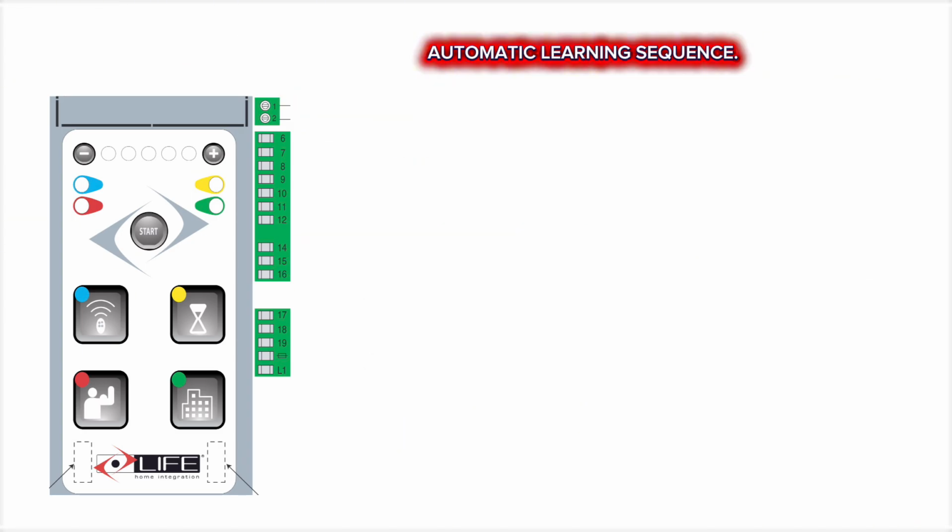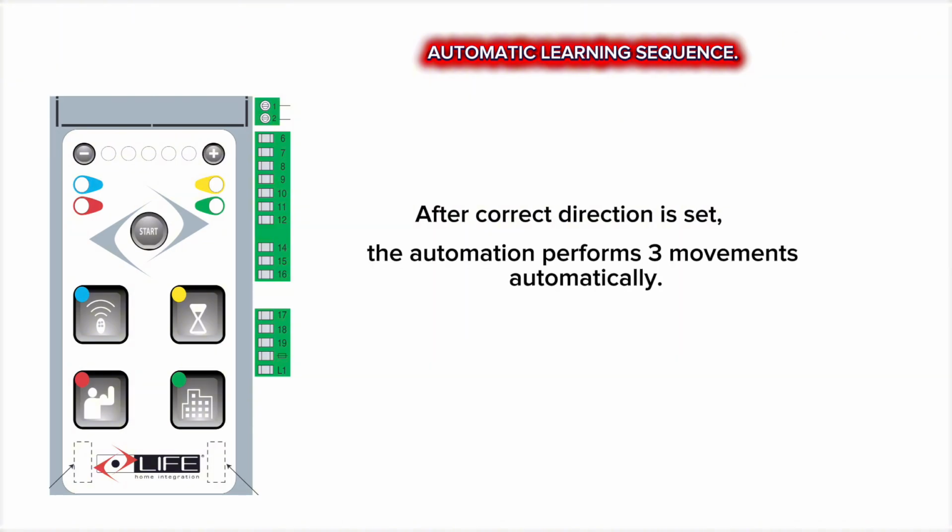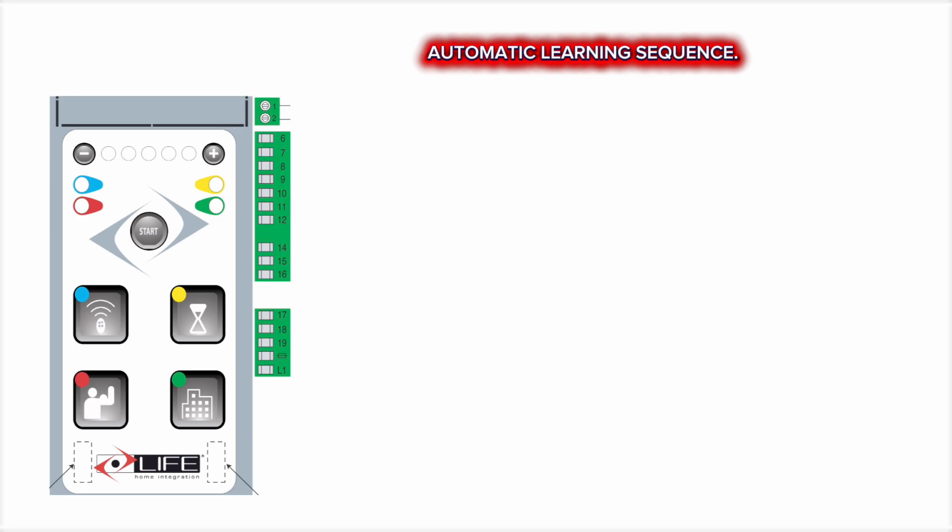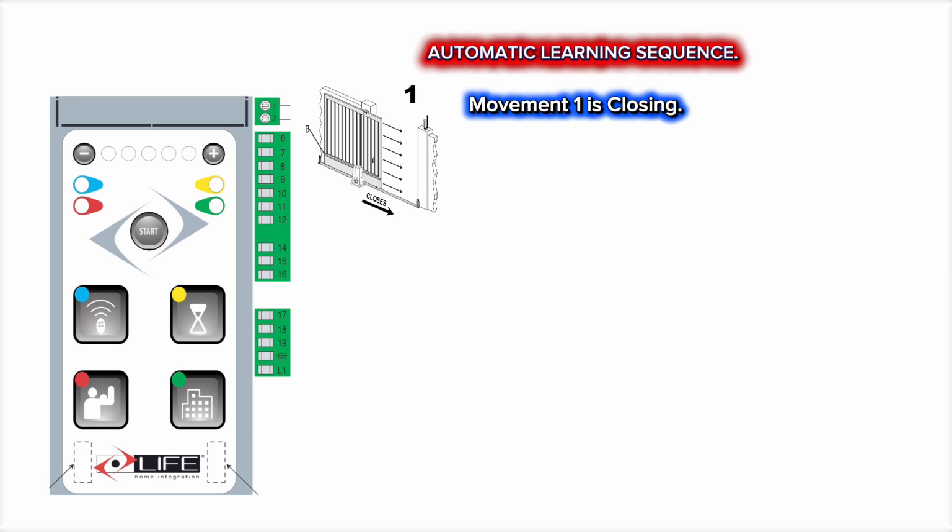The sequence of this programming is an automatic learning sequence. After the correct direction is set, the automation performs 3 movements automatically. Movement 1 is closing. The gate fully closes and learns the closing limit.